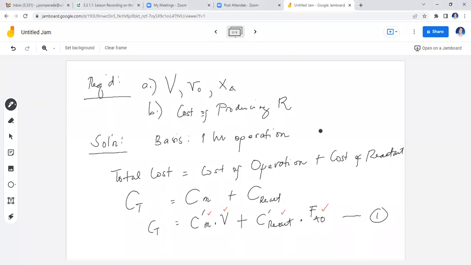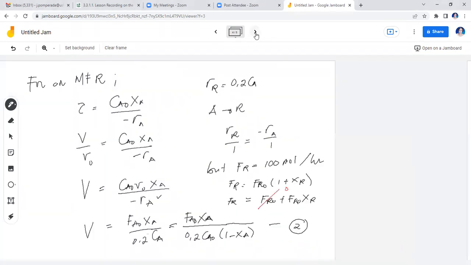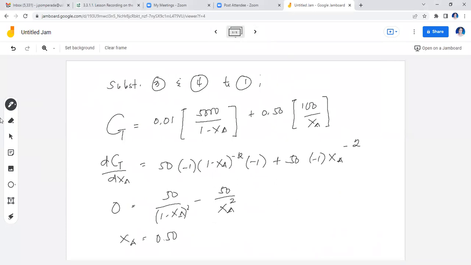So for your letter A, we're solving for the answers, the V and the X sub A. We already determined the X sub A. This is already one answer. This is the optimum condition. Now, once we already have the XA, the others will just, of course, follow.